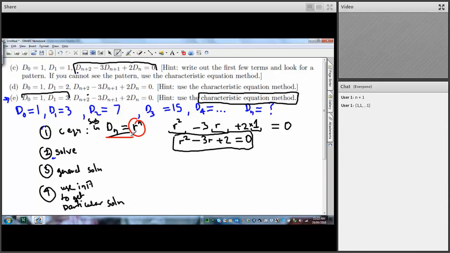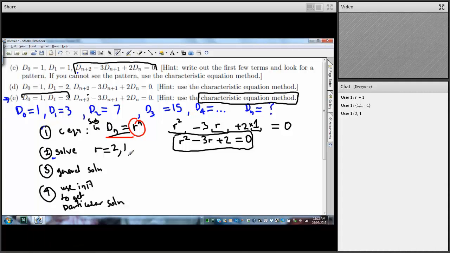Under the right circumstances, the solutions for d to the n look like that. So we're trying it out and saying, if that's what the solutions look like, we would like to work out what the r is to match that pattern. So really we are guessing a solution type. That's where it boils down to, and it's useful to know that's where it comes from as the whole process.